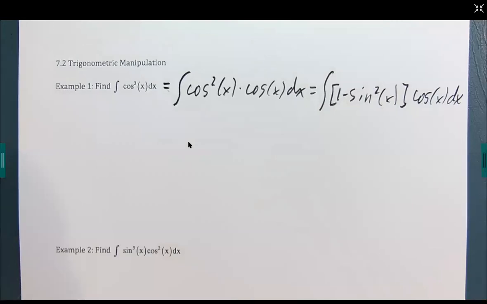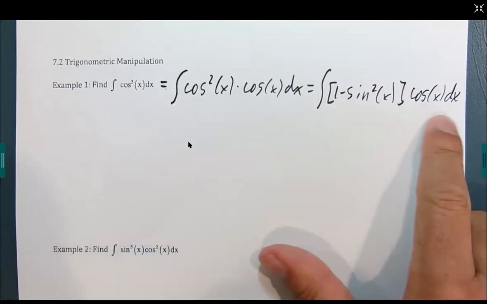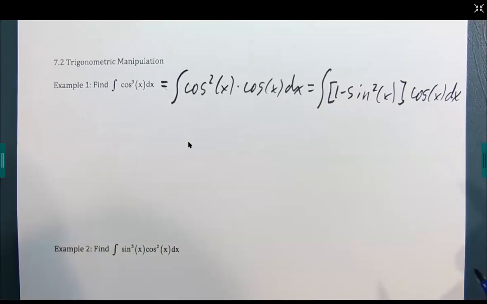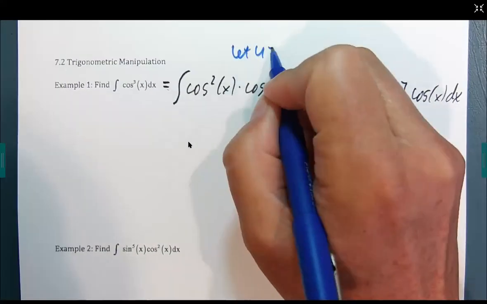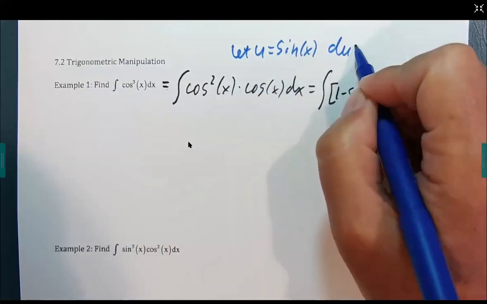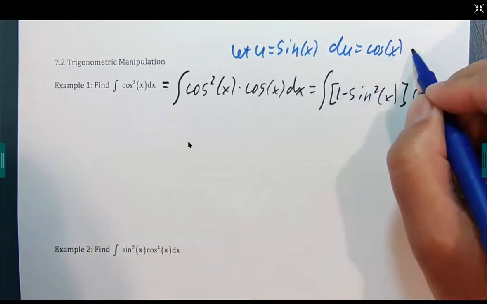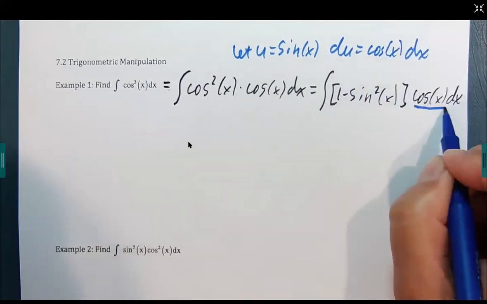And what that's going to allow me to do is now that I have everything in terms of sine, I can just let u be sine, and there's my derivative. Like I said, I kind of saved it off for myself. So u equals sine x, which means du is cosine x dx. And you can see that right there.